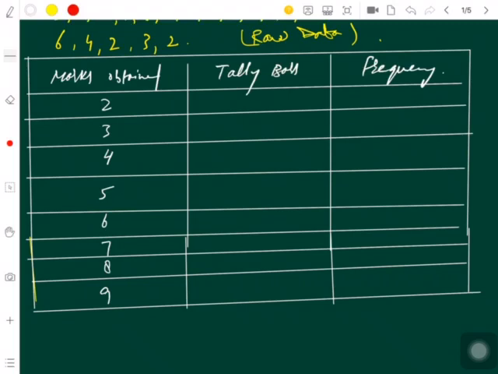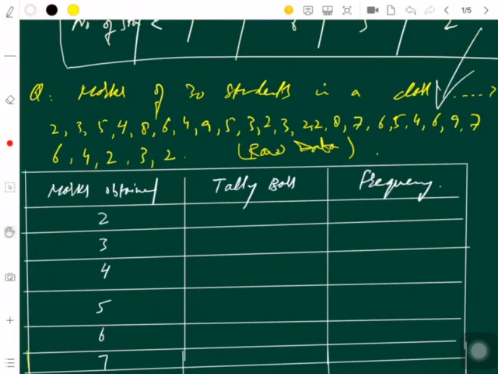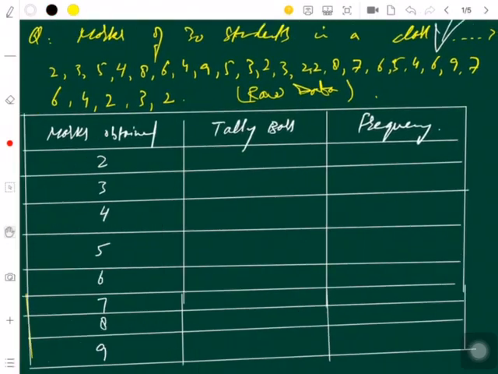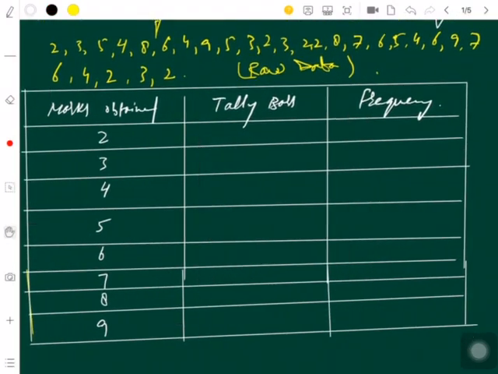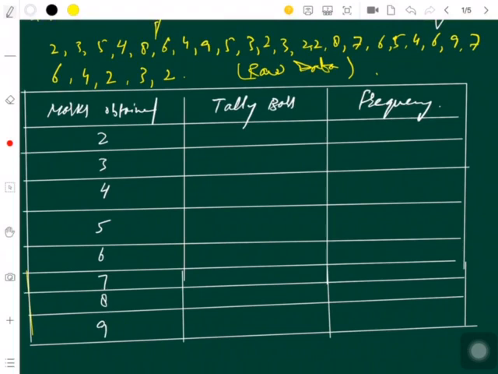So we'll put tally marks for the given data. How will we put tally marks? We'll look into the data, how many times each element has come. So let us start counting. White color, okay. 2: 1, 2, 3, 4, 5, 6.